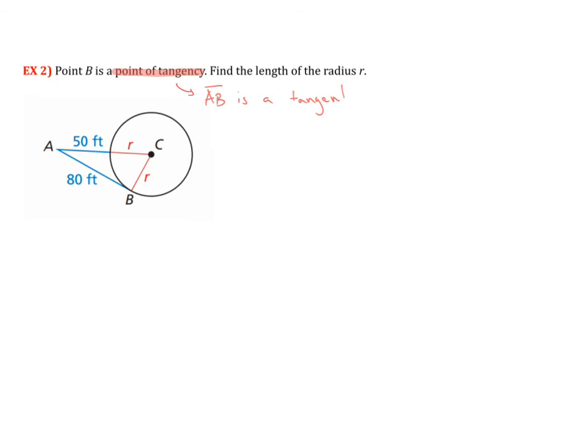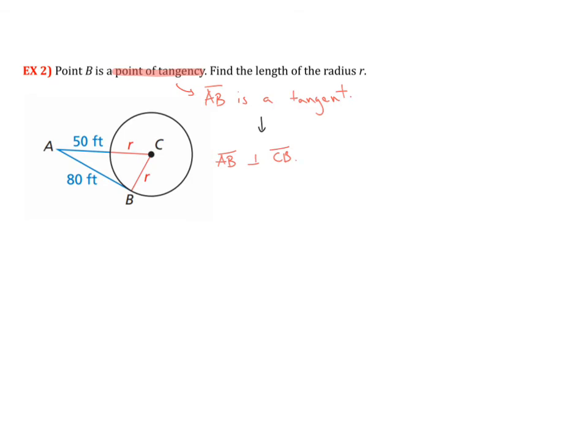And from the theorem earlier, we know that if you do have a tangent, that means that the tangent is perpendicular or makes a right angle with the radius. The radius here is CB. So segment AB is perpendicular. They form right angles with segment CB, the radius.